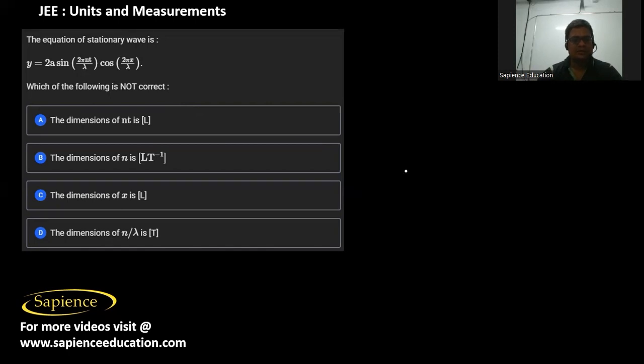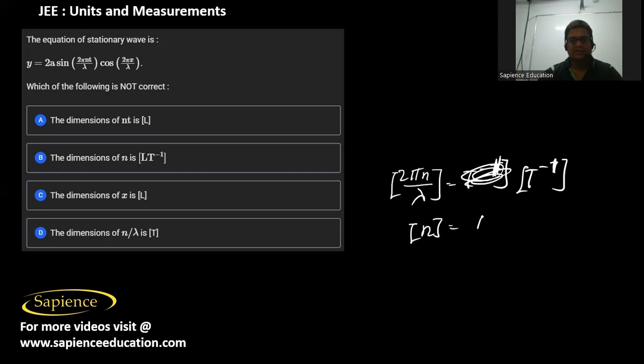So the dimension of n, so it's 2πn/λ, its dimension should be equal to t inverse, t power minus 1. So n should have the dimension L t power minus 1, since the dimensional formula for wavelength is length.